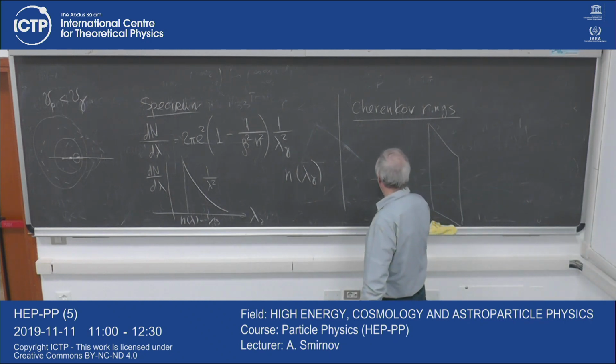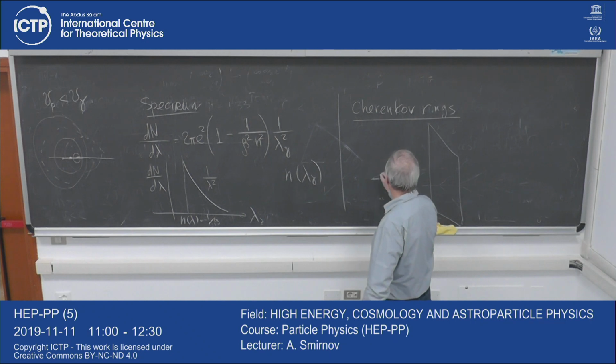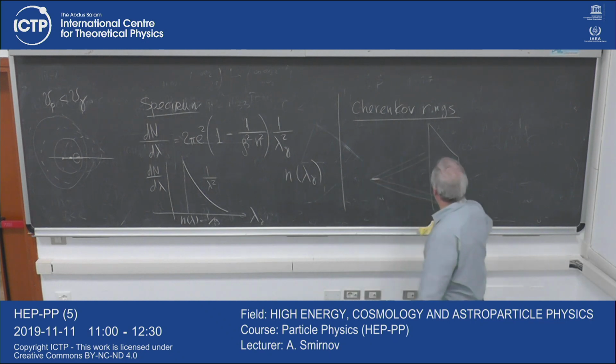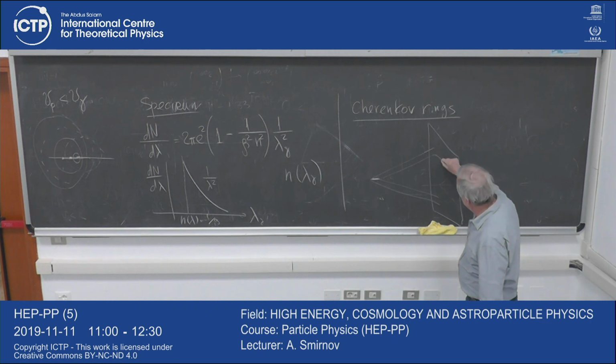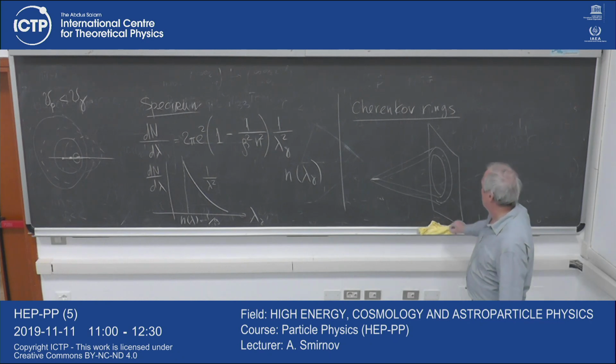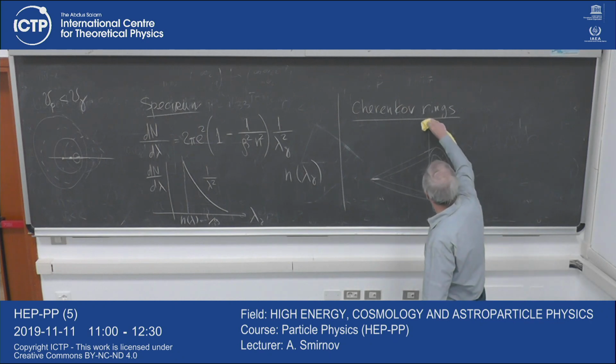You have here the trajectory of your particle which emits Cherenkov light, and then what you will see as a projection, you will see the ring inside which you will have signals. Like that. I should show it better.